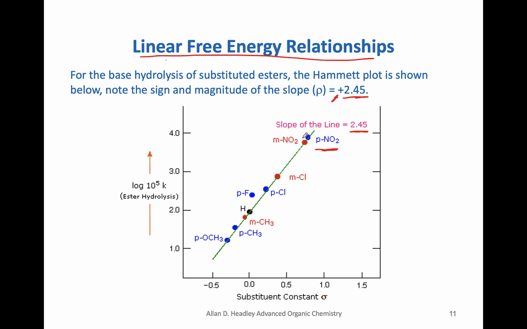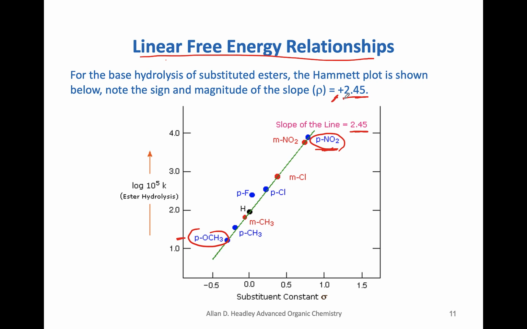As you can see, this is a fast reaction here because this is the rate. So it's fast for p-nitro and slow, this is the rate here, for the p-methoxy. So in other words, it has the same effect as that of the ionization of benzoic acid.